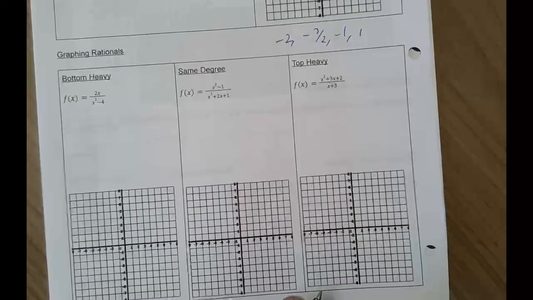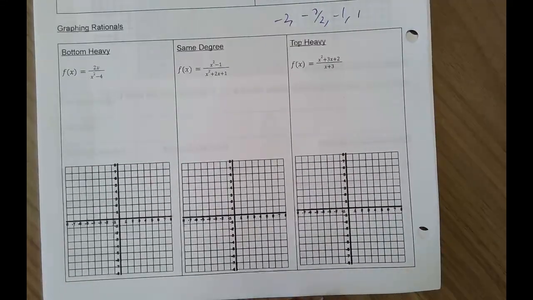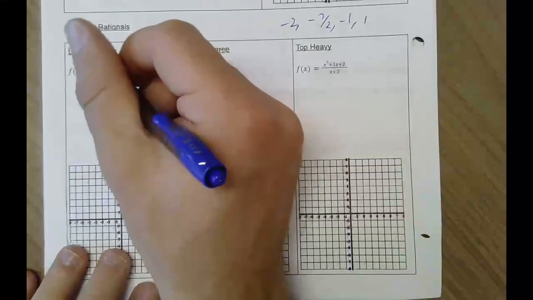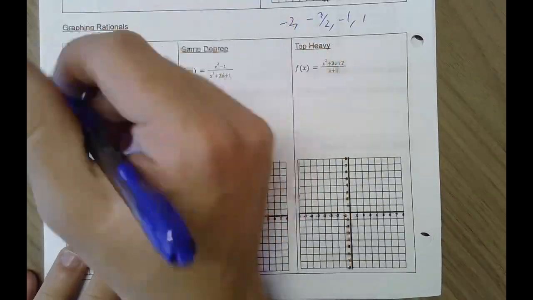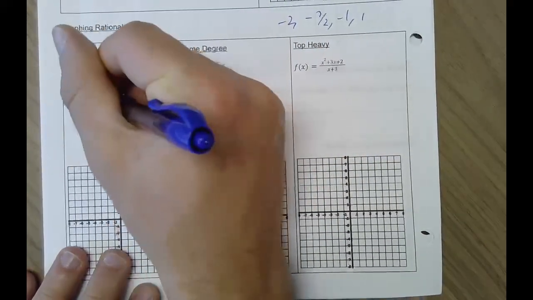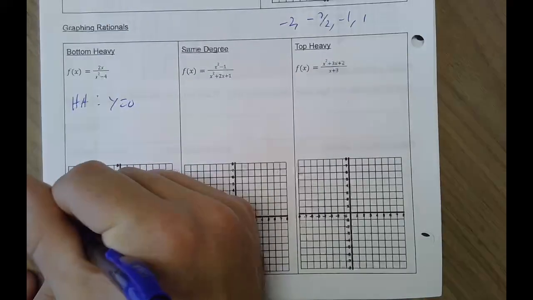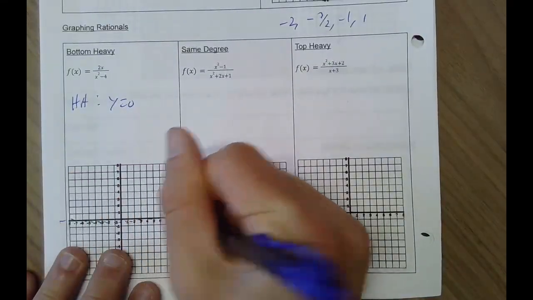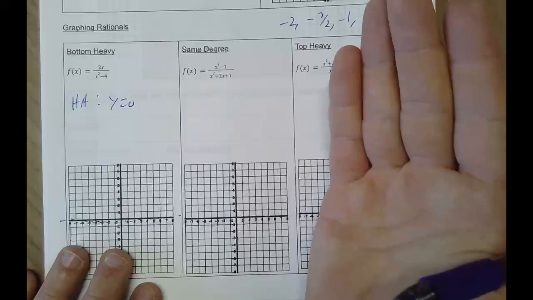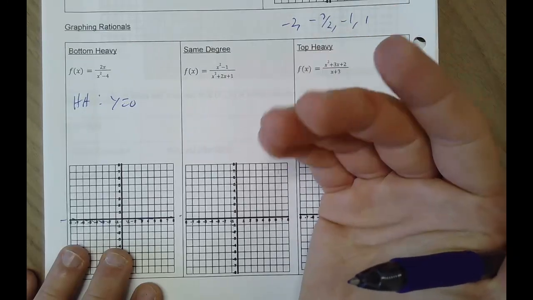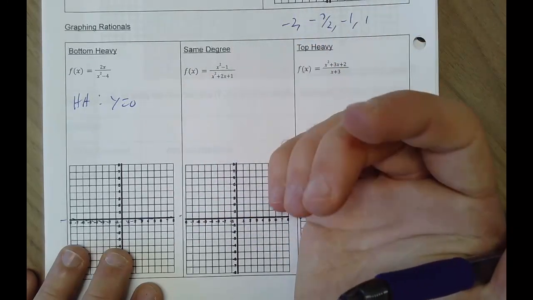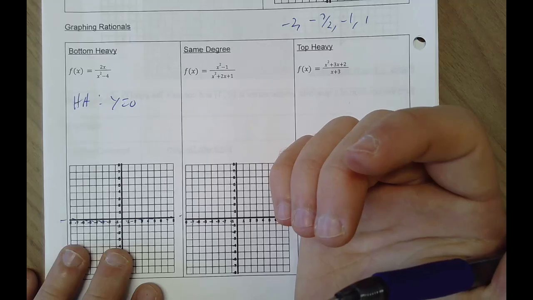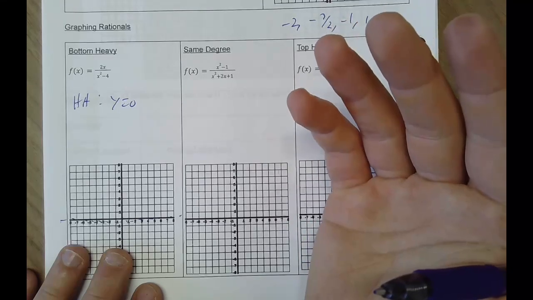Okay, graphing rationals. So these are asymptotes. When the bottom degree is greater than top degree, we have a horizontal asymptote at y equals 0. It needs to go straight through like this. And if we were looking to graph this, we would want to plug in some values.